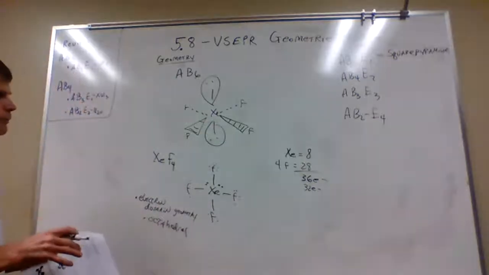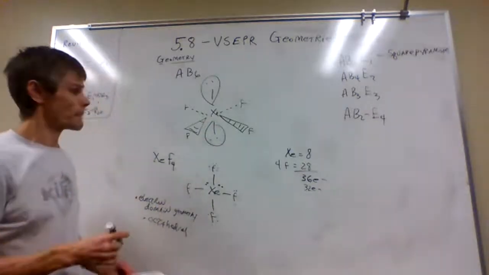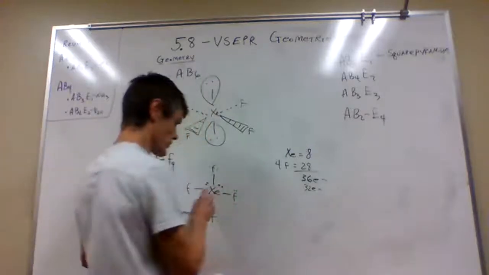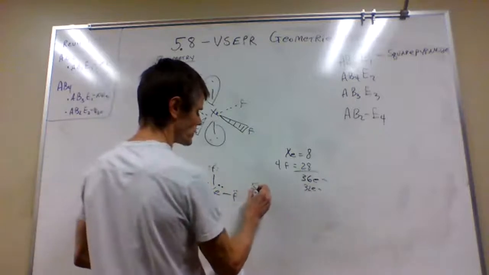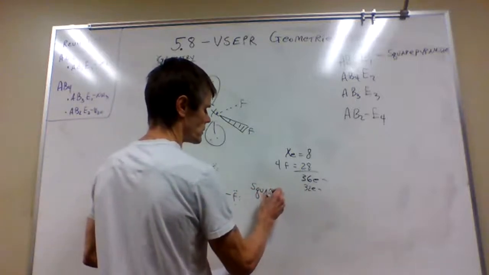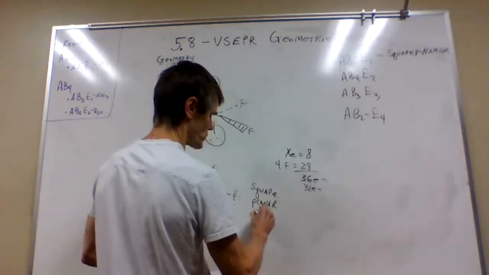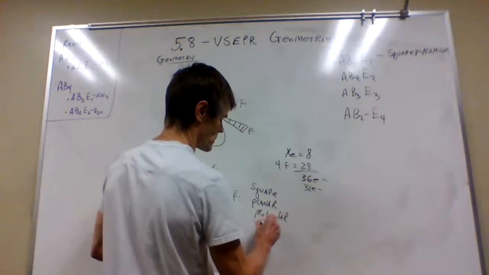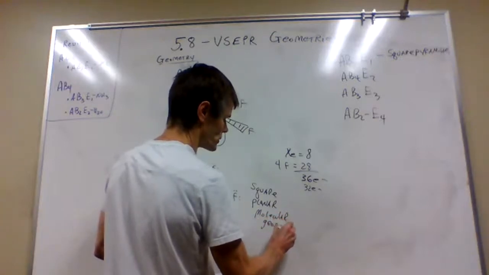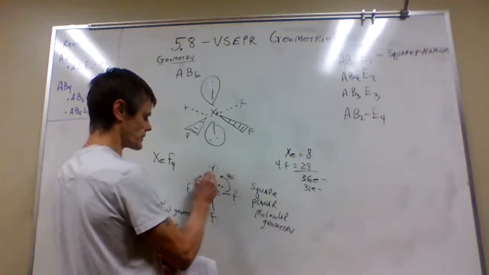And what we end up with is, if we look down on this molecule from above, we see that we have, just as I've drawn here, a square planar molecular geometry. And in this situation, all bond angles would be at 90 degrees.